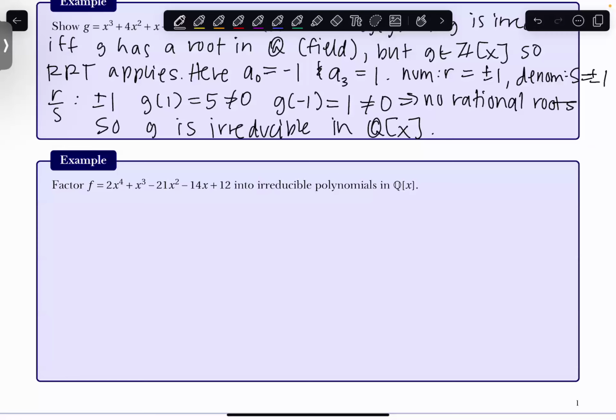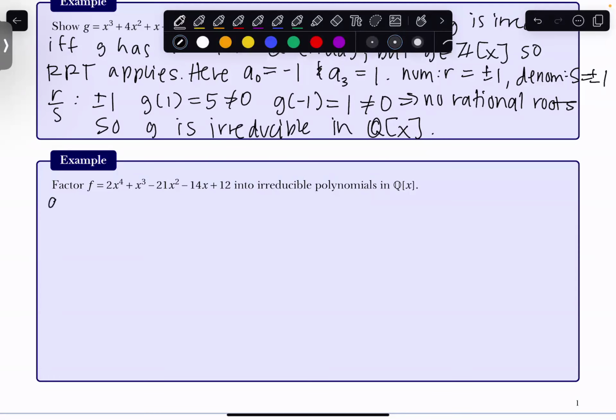Again, we're going to look at the factors of our constant term. This is going to give me the information of my numerator. So here my options are plus or minus 1, 2, 3, 4, 6, and 12. If I look at my leading coefficient, my a4, that's equal to 2.